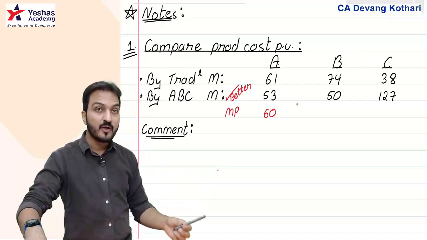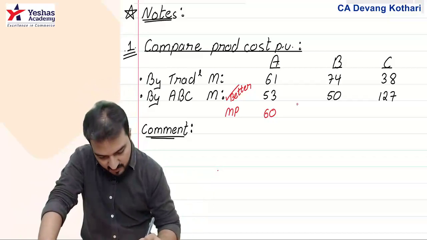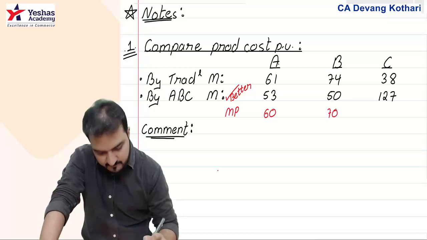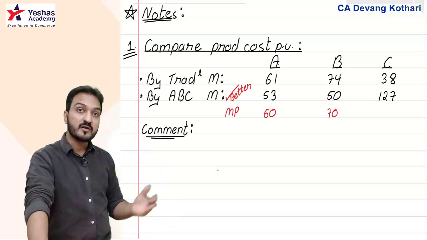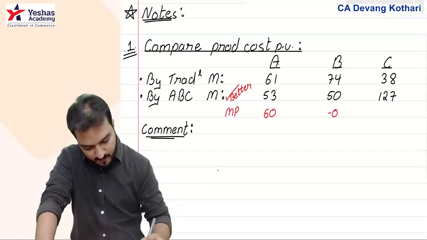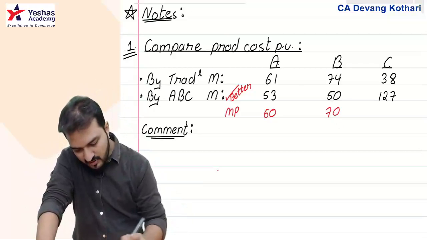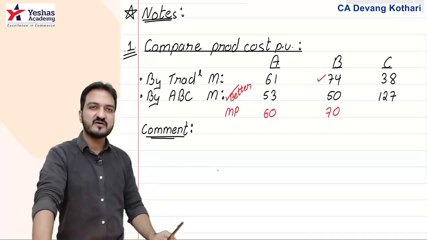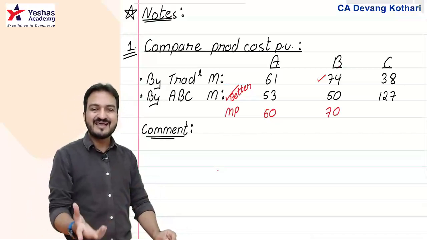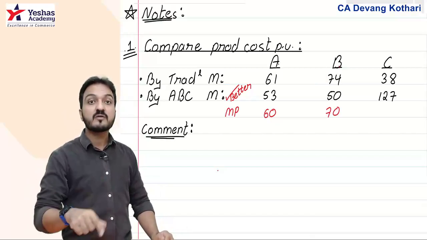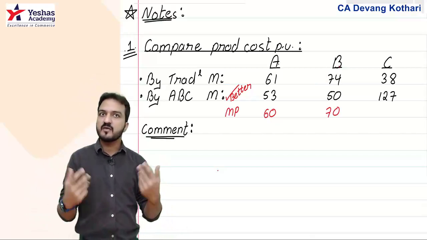Similarly, product B. What if product B has a market price of 70 rupees, but your cost estimate says that B is costing 74 rupees? So looking at that, you feel that for you, product B is loss making. You might stop making product B also.